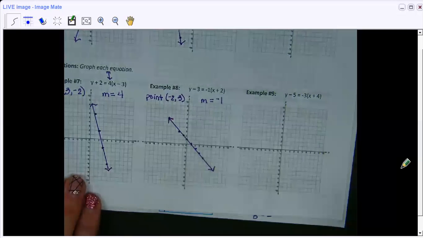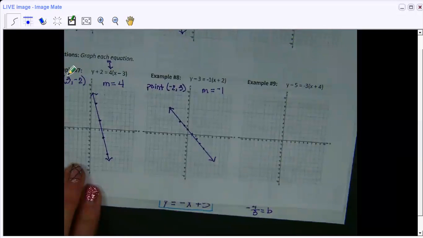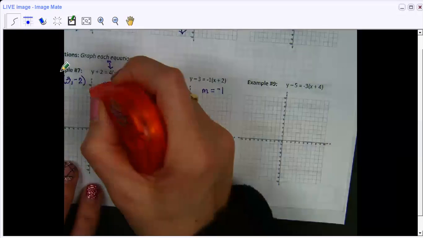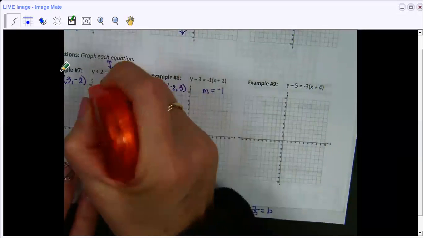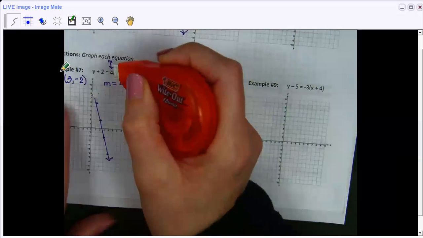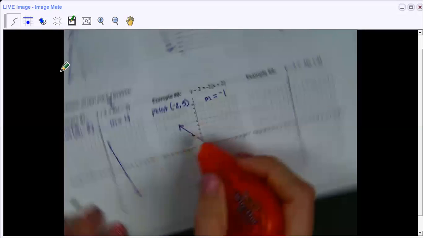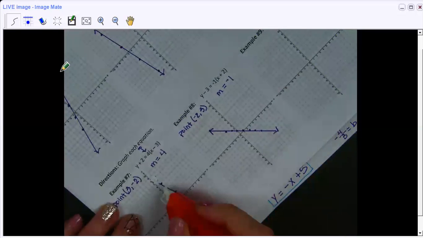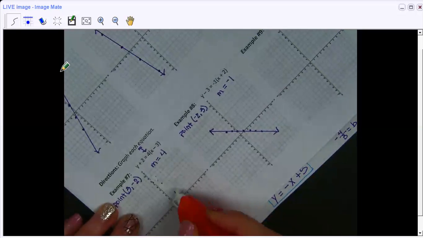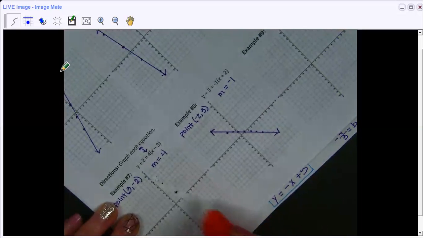Oh, you're right. I redid it because I thought I did it wrong. Wouldn't this still be -4 then?